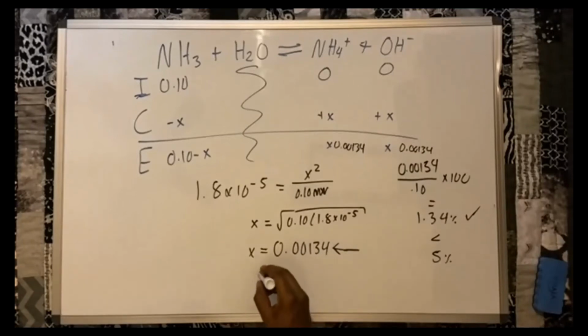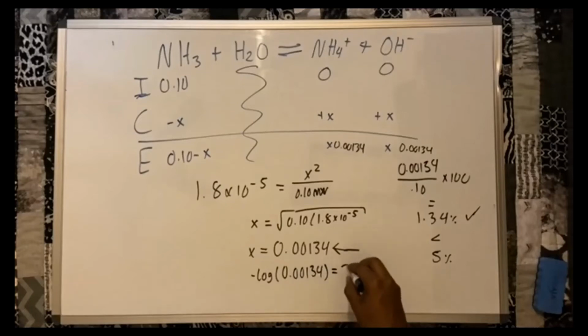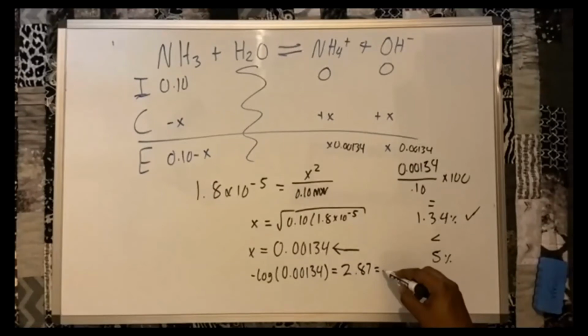What's that going to give me? 2.87, and that is what? That's your pOH. Yeah, pOH, good.